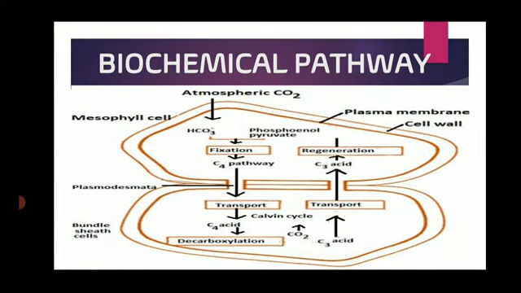This C4 acid is transported to bundle sheath cells, where it releases one carbon dioxide, or gets decarboxylated, and this CO2 is utilized by the C3 cycle. Then the C3 acid which is formed is transported back to the mesophyll cells for regeneration of an enzyme.